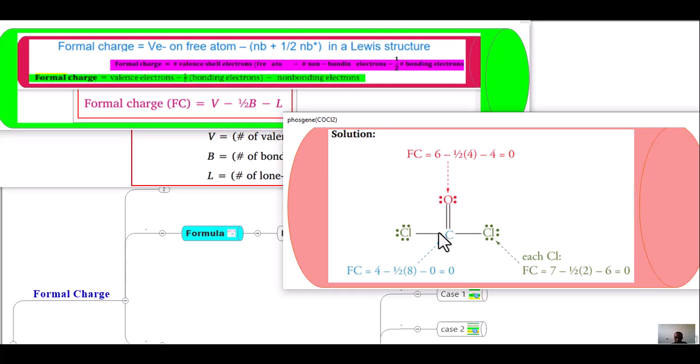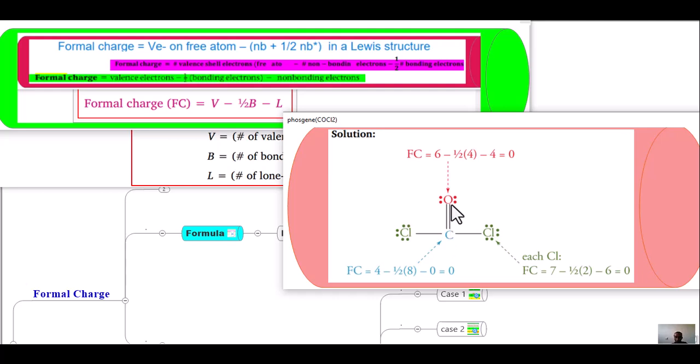We have 4 bonding pairs here, totally 8 electrons, minus the number of non-bonding electrons at the carbon. We don't have a lone pair of electrons at the carbon, so 0, which is equal to 0. The formal charge for the carbon is equal to 0.